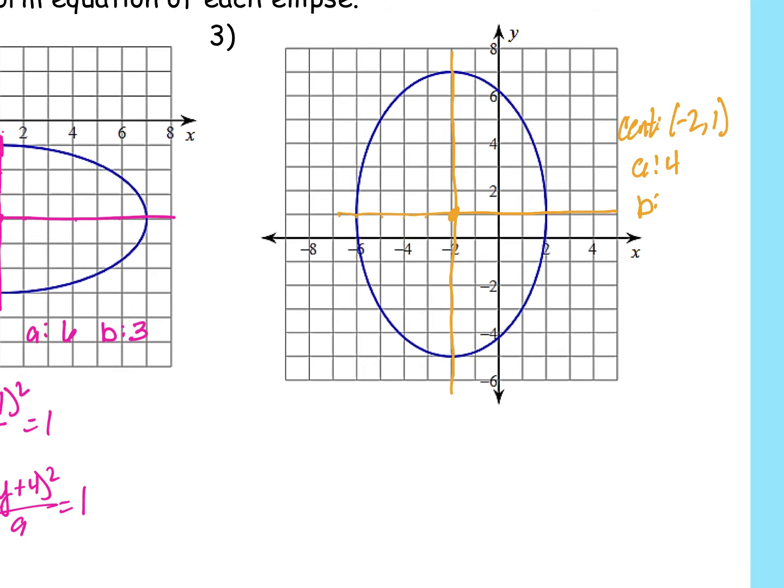And B is going to be 1, 2, 3, 4, 5, 6. Okay, so I put it into my equation. I should get x plus 2 squared all over A squared, which is 16, plus y minus 1 squared all over B squared, which is 36, equals 1.